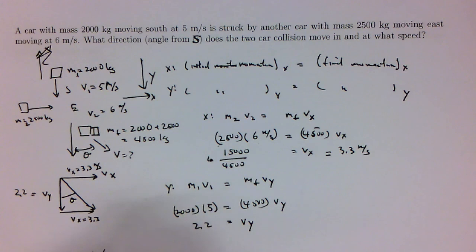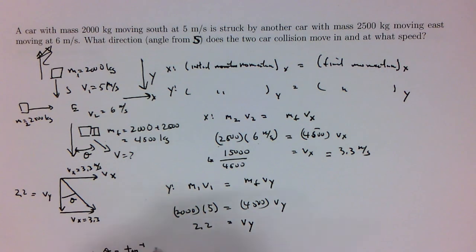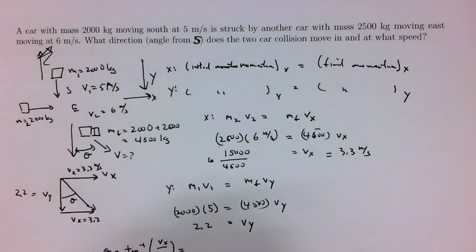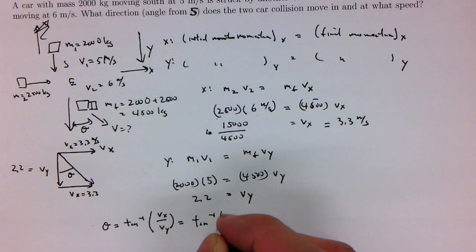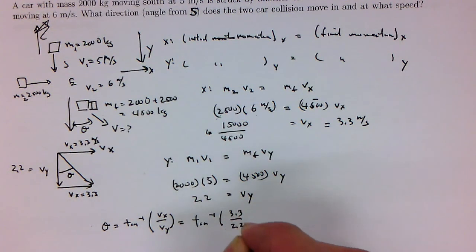So theta is equal to the tangent minus 1, or the arctangent, atan, however you like to describe it, of the far Vx over the near Vy, which is tangent minus 1 of 3.3 over 2.2.